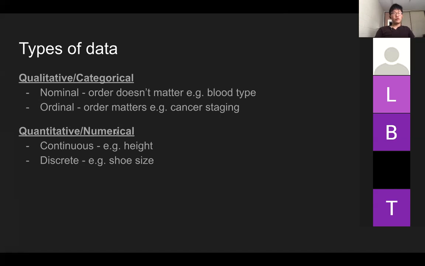Whereas you've got numerical or quantitative data. So you've got your continuous, which are normally your measurements, such as height, weight, or temperature, or discrete, which is normally only integers. So things like shoe size.